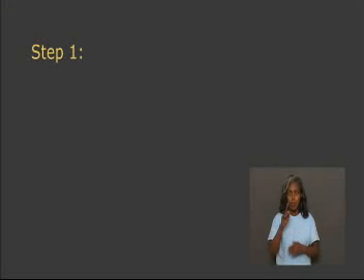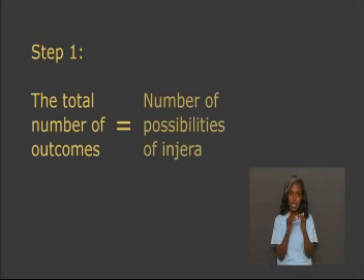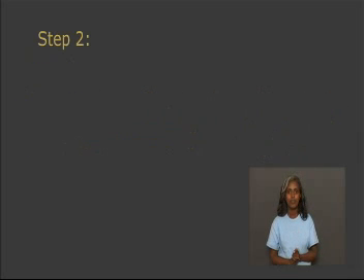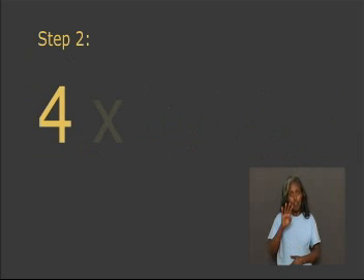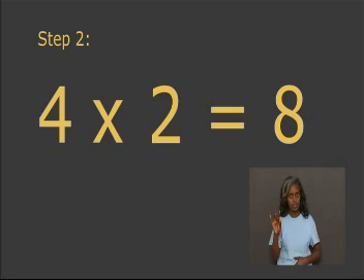Step 1 is the total number of outcomes equals the number of possibilities of injera times the number of possibilities of tibs. Step 2 is 4 times 2 equals 8.